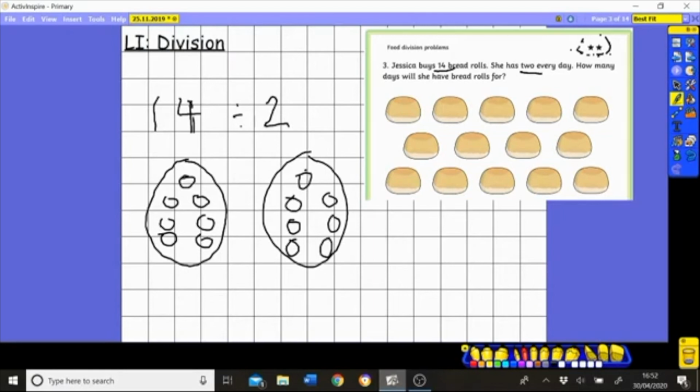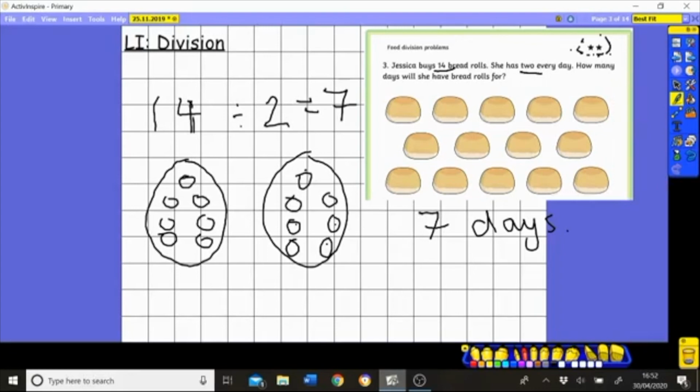Let's just double check that the groups are equal. 1, 2, 3, 4, 5, 6, 7. There's 7 in each group. So that means that our answer is 7. In terms of the question, it means 7 days. That's how long the bread will last her. She'll have enough bread for 7 days.